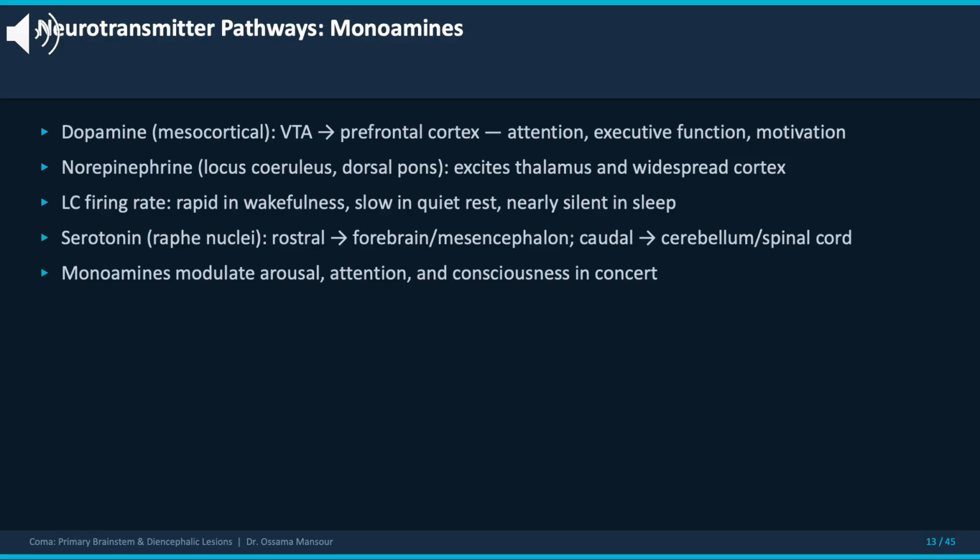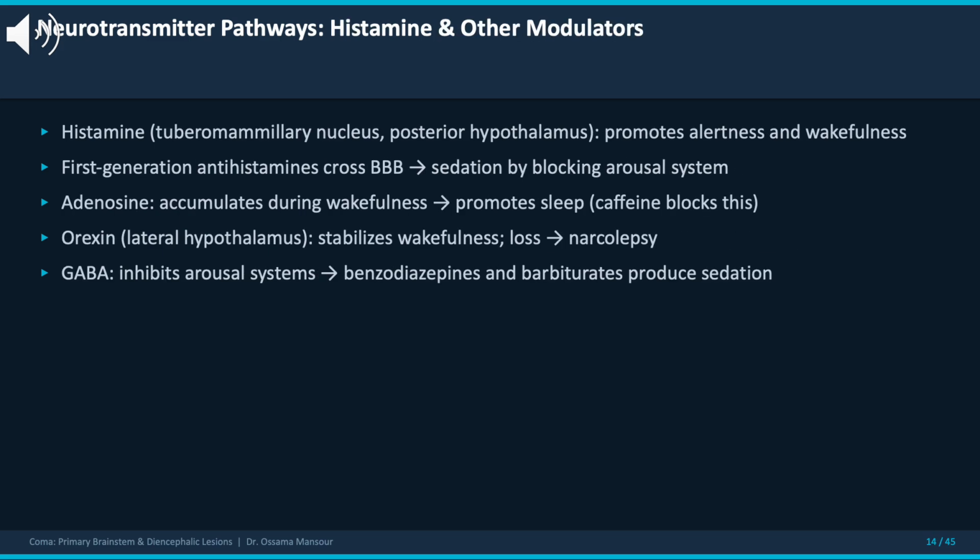Together, these monoaminergic systems modulate arousal, attention, and various aspects of consciousness, working in concert with the excitatory glutamatergic and cholinergic systems. Rounding out our discussion of the neurochemical basis of arousal, let's examine histamine and several other important neuromodulators.